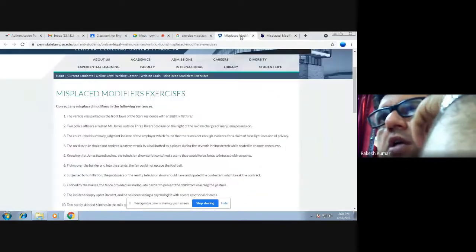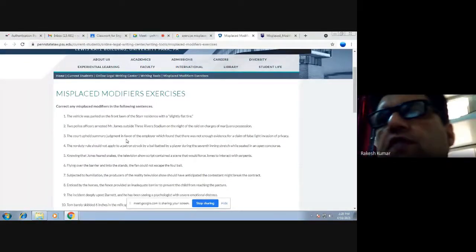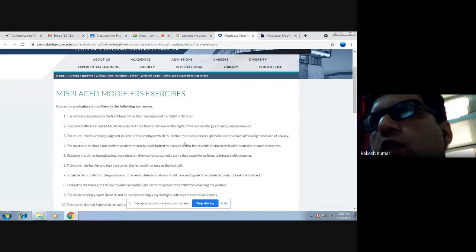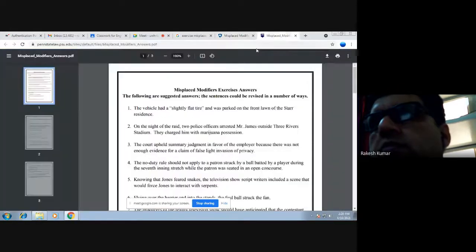Then we have a third: "The court upheld summary judgment in favor of employer, which found that there was not enough evidence for a claim of false light invasion of privacy." Again, it is a complete sentence, but it's a bit unclear. "The court upheld summary judgment in favor of the employer."